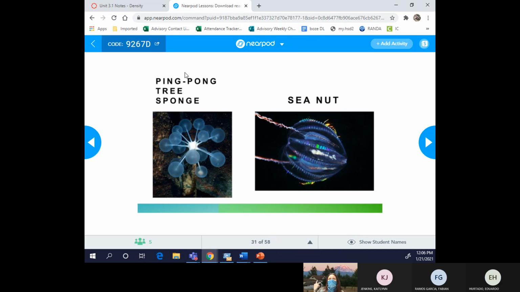So obviously it looks like a lot of ping pong balls on a tree. And a sea nut, this is a type of jellyfish, and it actually still has iridescence. So you have jellyfish that can glow, or if you were in my classroom last year and saw my axolotl, he glows with UV light. So same kind of proteins in their DNA.